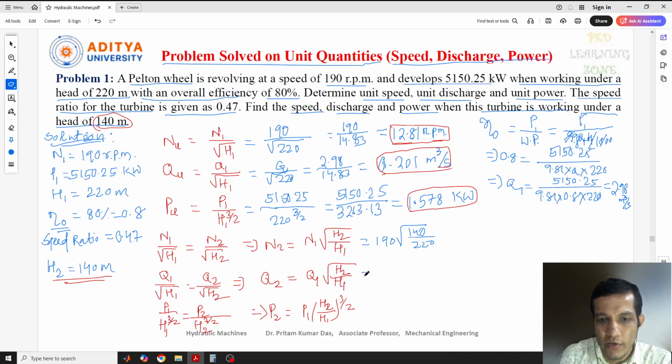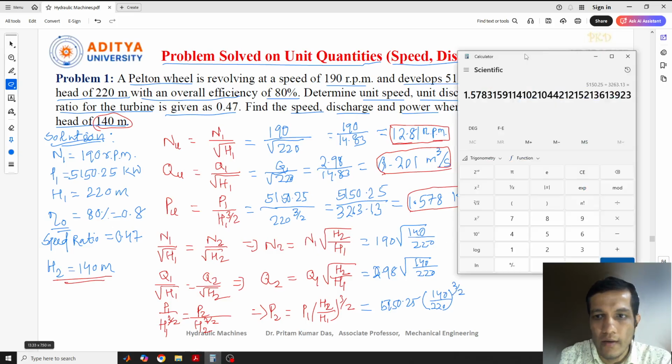Similarly Q1 is 2.98 into 140 divided by 220. For power, the value is 5150.25, and H2 is 140 divided by 220 to the power 3 by 2.